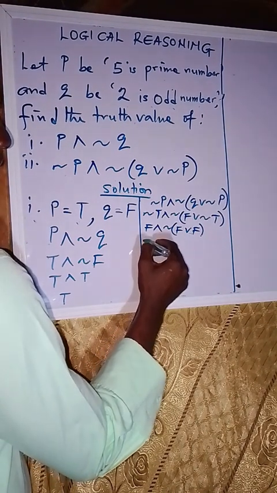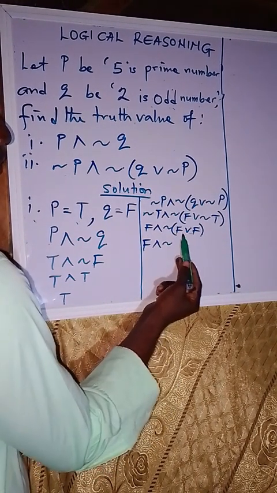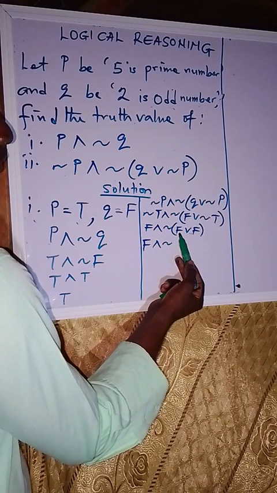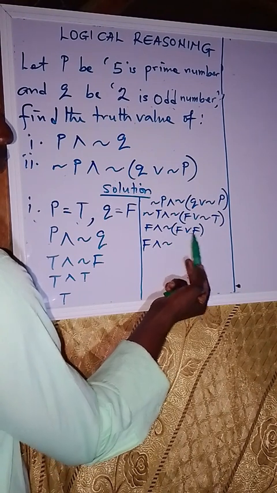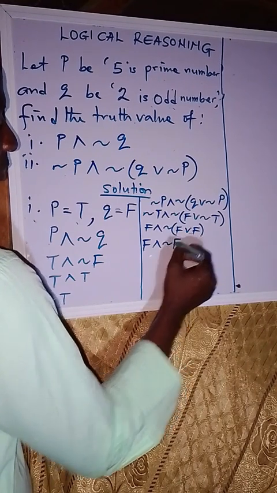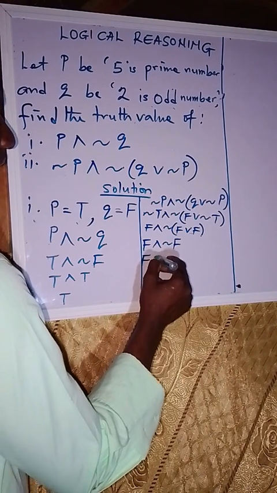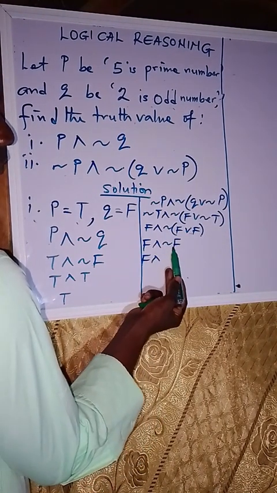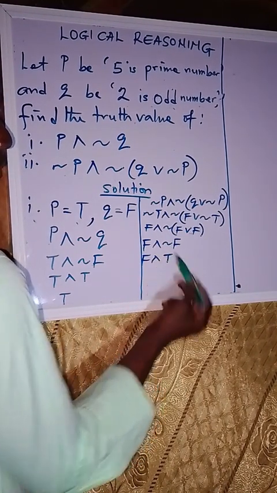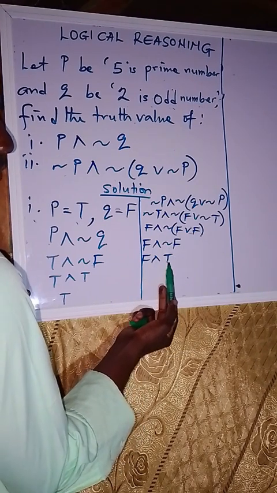We have false and negation of false or false. False or false is false. So negation of false is true. So we have false and true.